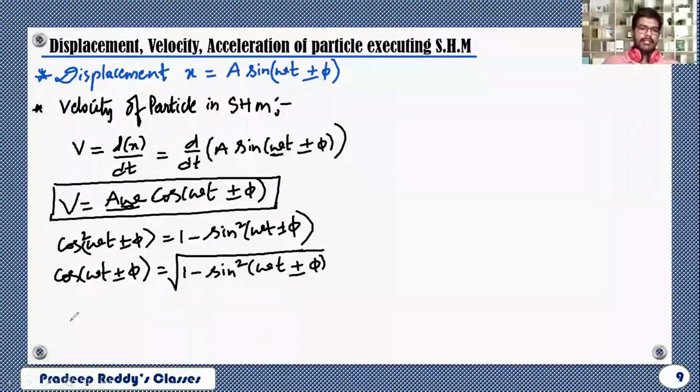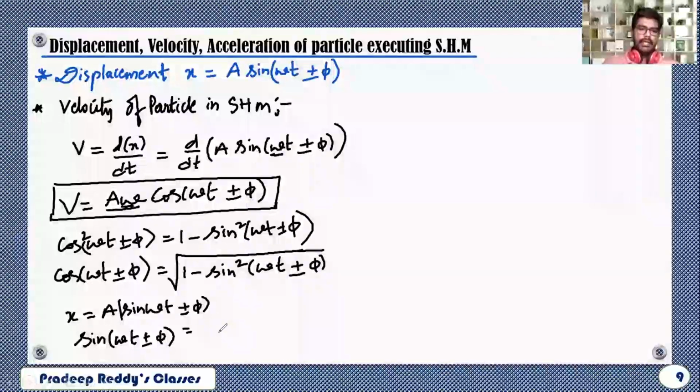And we know that x is equal to a sine of omega t plus or minus pi. From here you can write sine omega t plus or minus pi is equal to x divided by a. So I'll substitute these equations over here.